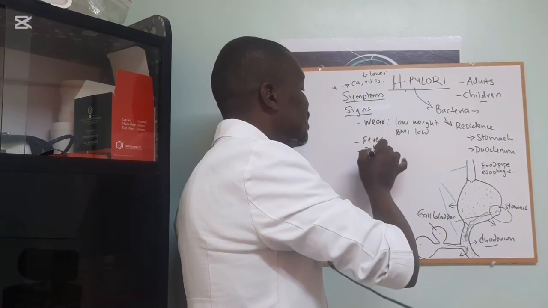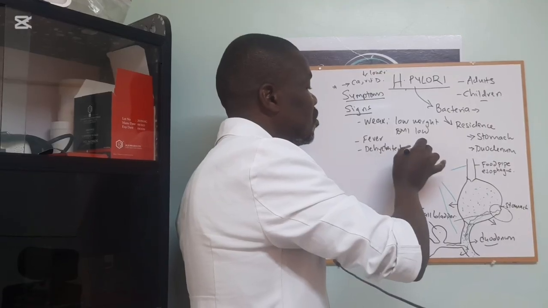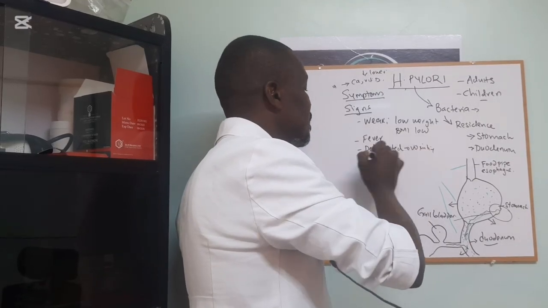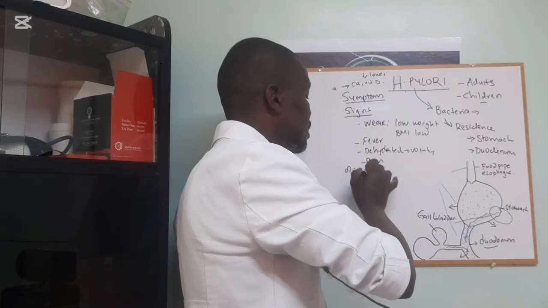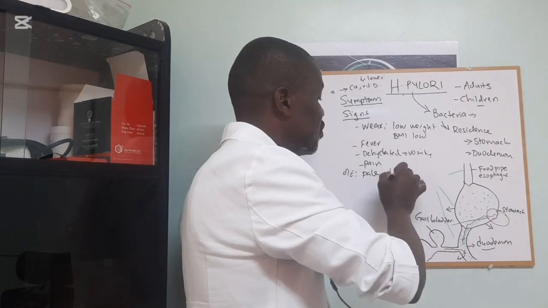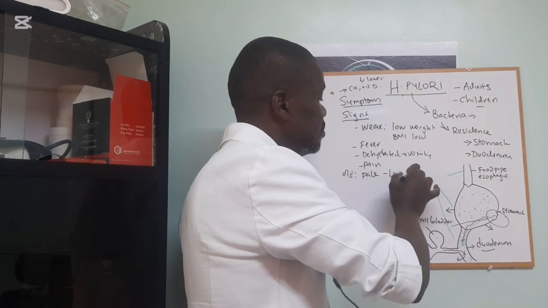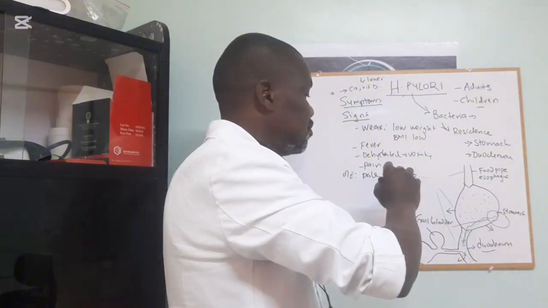They might come when they are dehydrated because of the episodes of vomiting. They'll come with abdominal pain. And when you check the child, they might be pale because of low HB, because of the instances of low feeding.